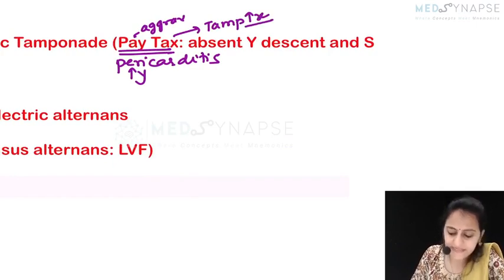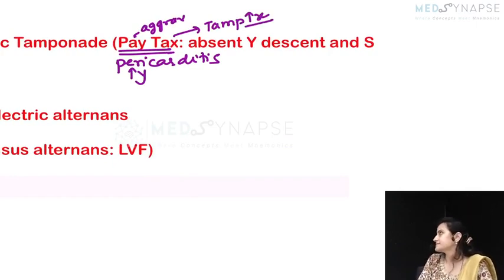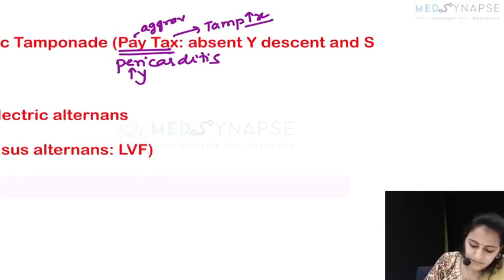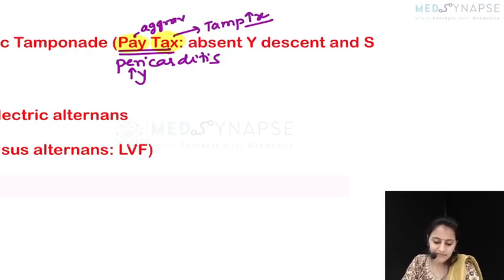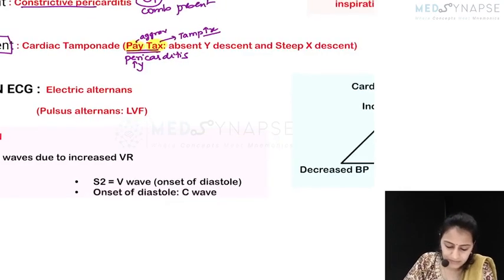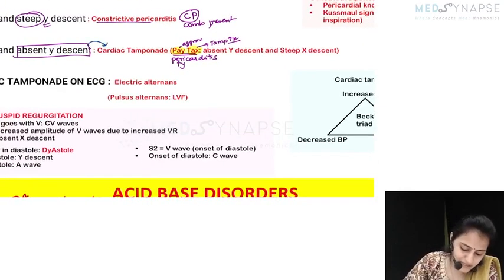It is increased X descent. So remember PAY TAX: pericarditis aggravated Y, tamponade aggravated X. In pericarditis, it is combined, both are present. In TAX, if the X is prominent, the Y is absent. So very important, this is absent Y.